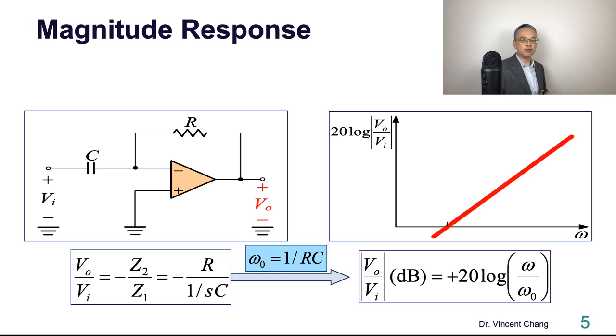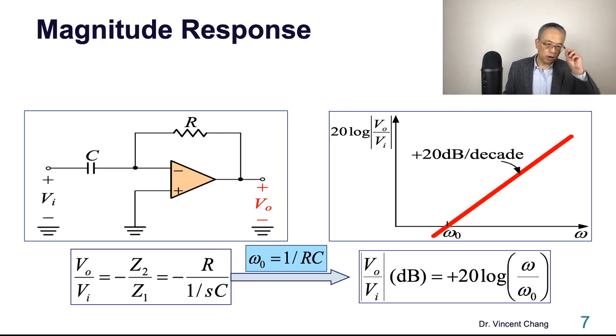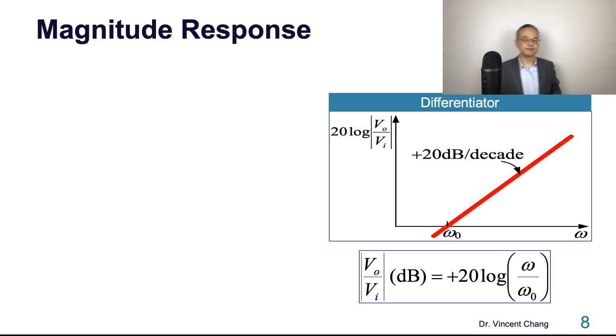And the slope is going to be positive 20 decibels per decade of frequency. And when omega equals omega 0, the gain is 1, the unity gain frequency for the differentiator. So this is the frequency response for the differentiator.